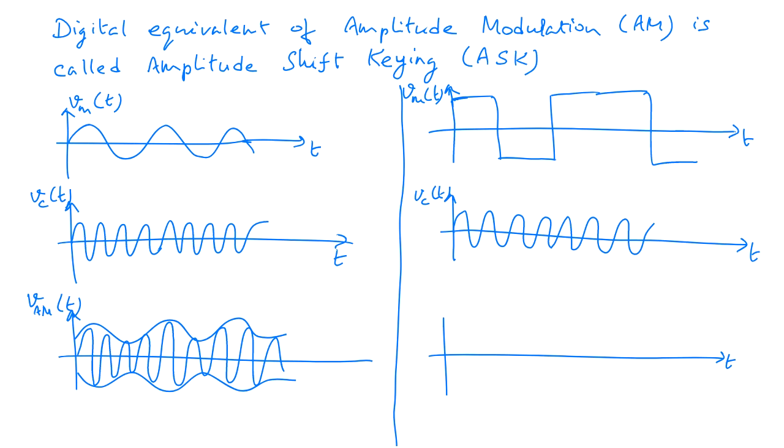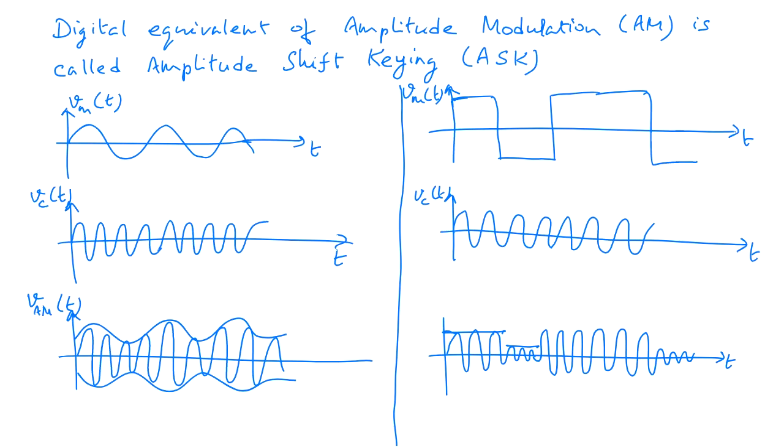So for example, for a 1 and for a 0, we can have two different levels. Let's say this is the amplitude level for 1 and this is the amplitude level for 0. Again we have a 1, again there's a 1, and then there's a 0. So we have only two amplitude levels. That's one amplitude level, that's another amplitude level. So the information is contained in the amplitude of the carrier signal.